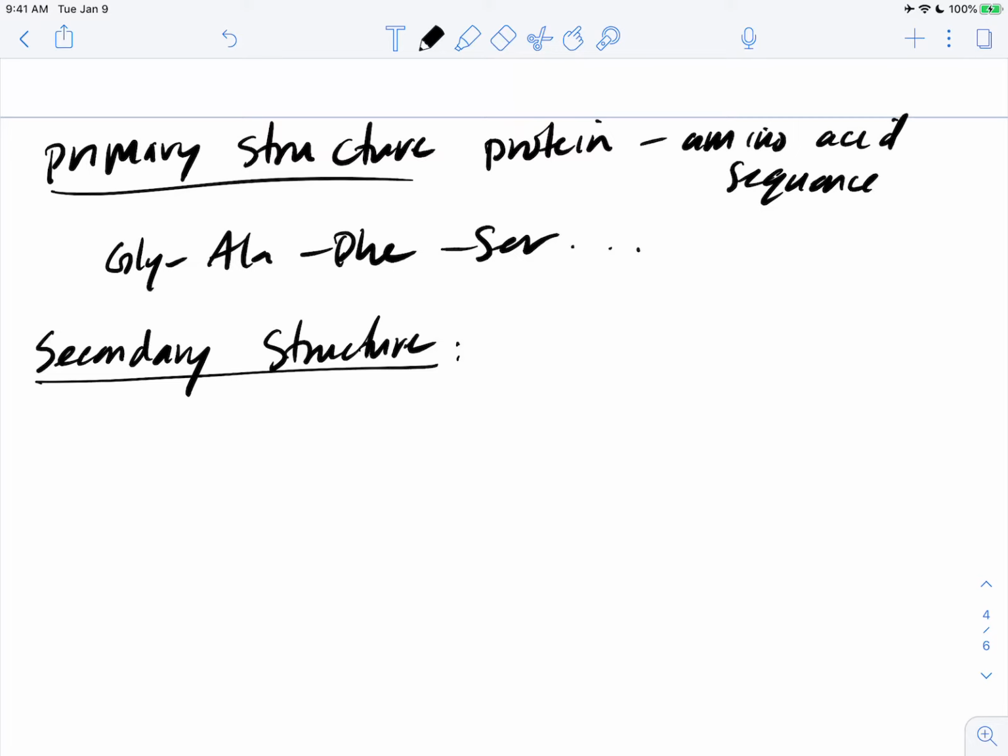Now, it's very interesting that it's actually very difficult to predict what the secondary structure will be based on the primary structure. There's a lot of computational models that go into it. It's getting better, but it is very hard to predict because these are all happening in aqueous solution, with water and different salts, and all of those will factor into what's the lowest energy state into which these fold.